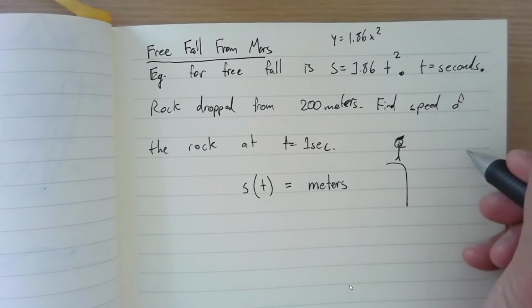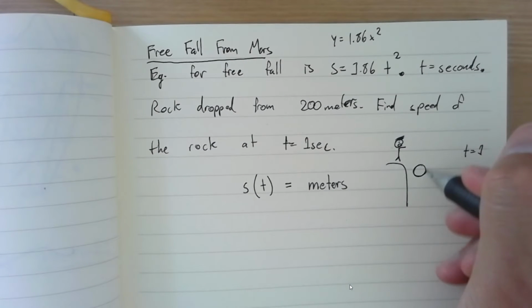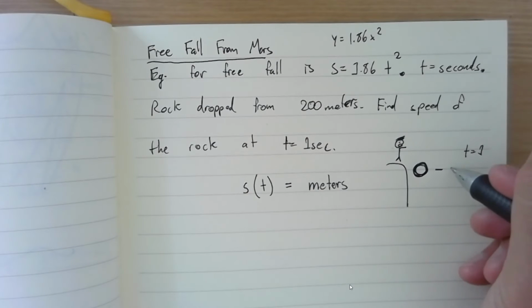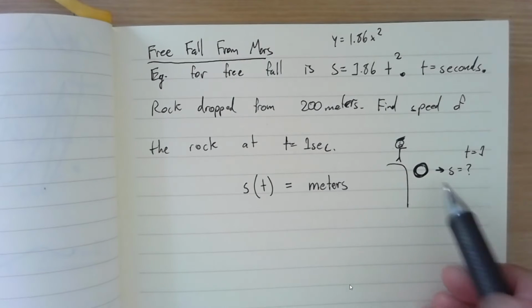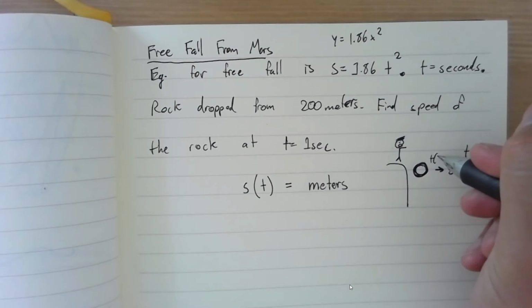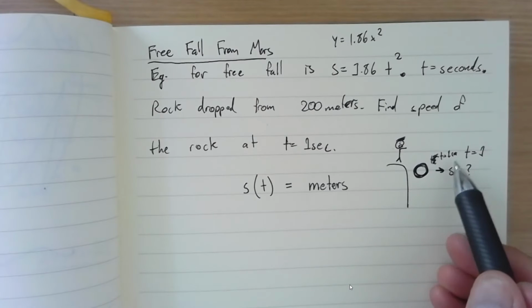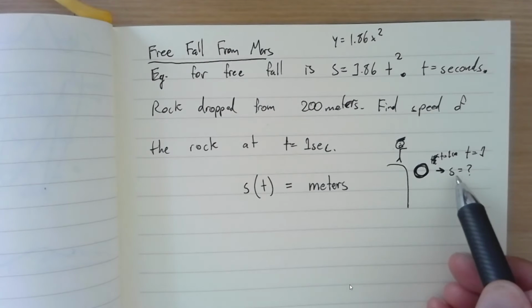At a time of 1 second, the person had the rock here and it's now here. That's the rock. So what would s be? The position, right?